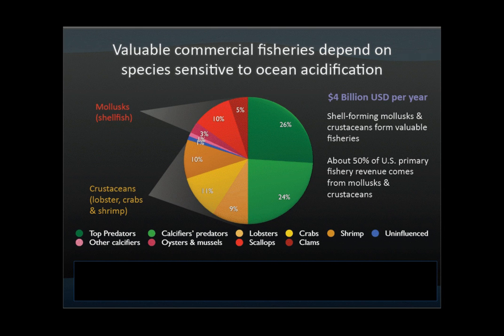Approximately 20% of the world's population derives at least 1/5 of its animal protein intake from fish. Many jobs and economies in the United States and around the world depend on fish and shellfish that live in the ocean.